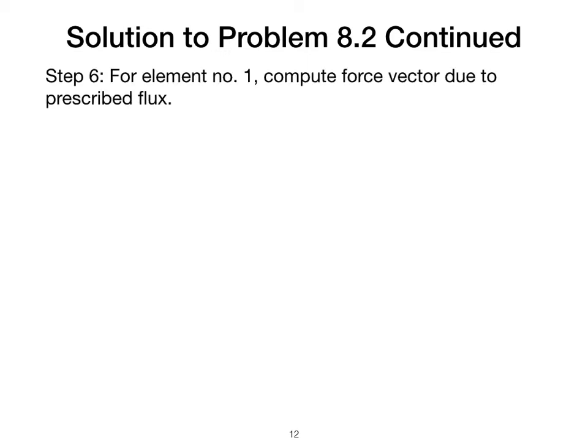Once we have the global stiffness matrix, the next task is to calculate the force vector. So first we will calculate the force vector due to prescribed flux for element number 1. Once we are done with element number 1, we will do the same thing for element number 2.